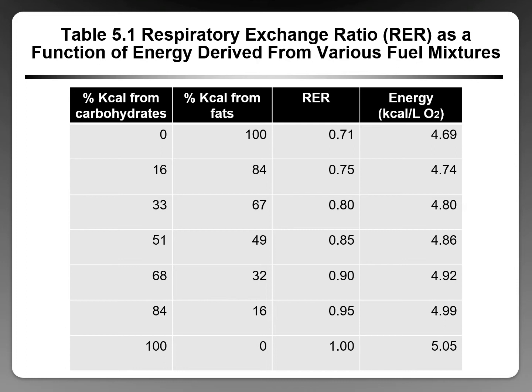And then when we get to the ideal situation of 100% carbohydrates and 0% fats, we would be at a perfect 1.00. Realistically, we hang out somewhere between 0.76 and 0.8 at a resting state. When you start getting any lower than that or above 1, that means proteins usually are being used for energy sources.